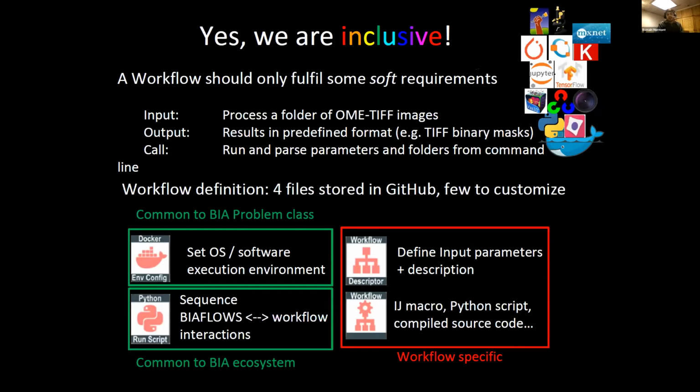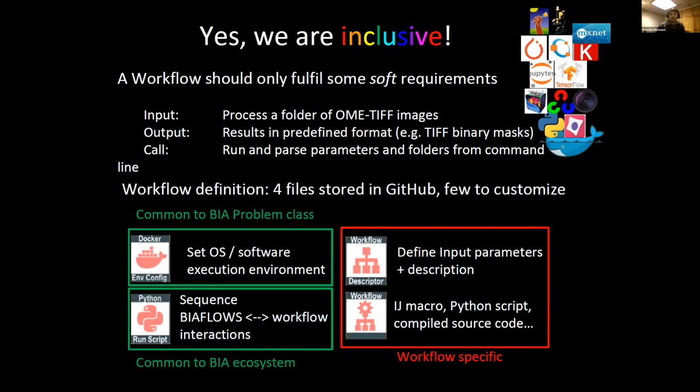So about the workflow, we are inclusive. The only requirement when you package your workflow to fit in the BIAflows setup is that the input should be a folder of images, and the output should be in a predefined format. We have what we call a problem class in BIAflows, for instance, segmentation, object detection, filament tracing, and all those problem classes have a predefined output format.